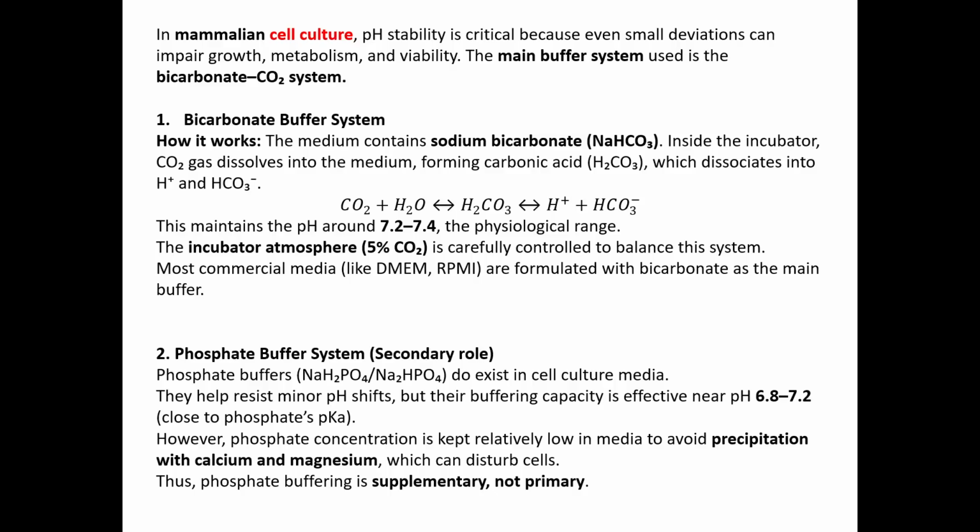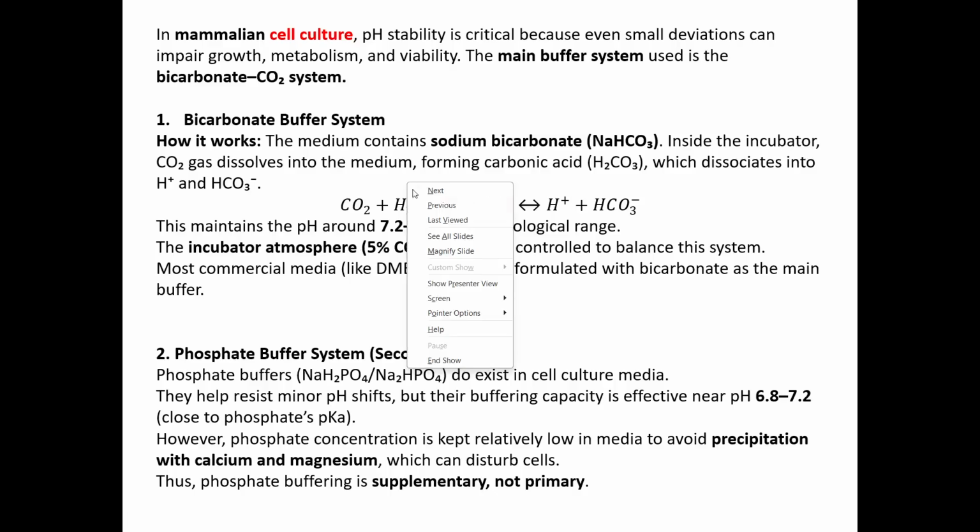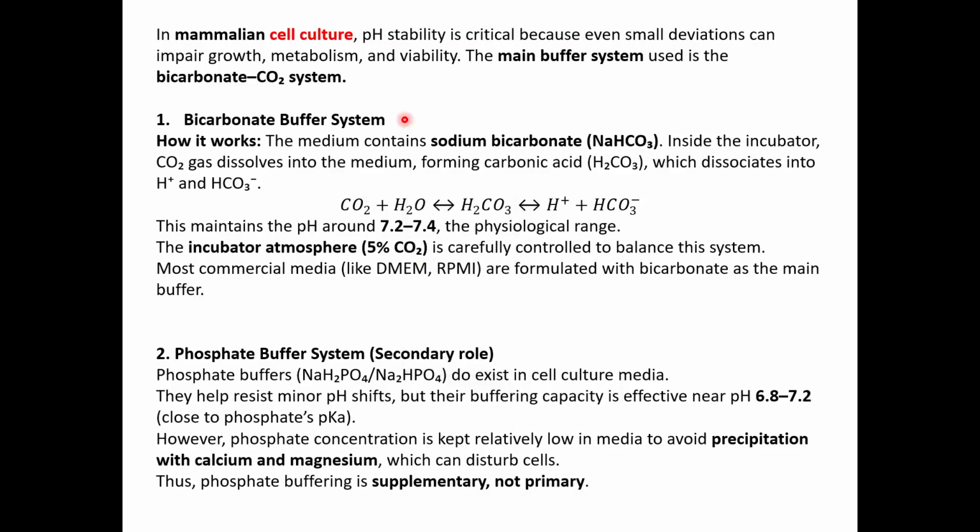So coming to the first topic, it was regarding the media and what is the main buffering system in the media. So in mammalian cell culture, buffer system is basically used to maintain the stability in pH, maintain a constant pH so that the cells do not get affected due to the changes in the pH, either due to utilization of the nutrients from the media or due to the secondary metabolites that are secreted by the cells after a while.